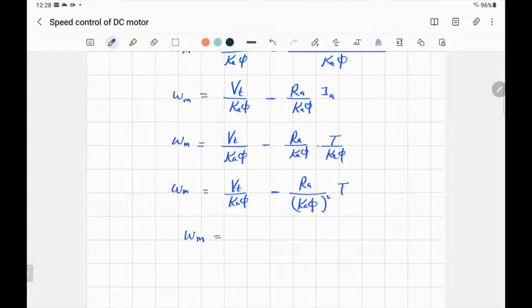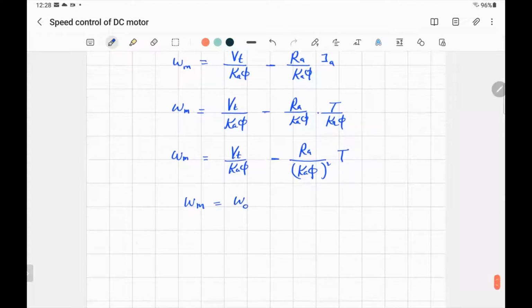I will call it omega naught, where omega naught is equal to Vt over Ka phi. And Ra over Ka phi squared, that's another constant. Let me call it just K. K will be equal to Ra divided by Ka phi squared.